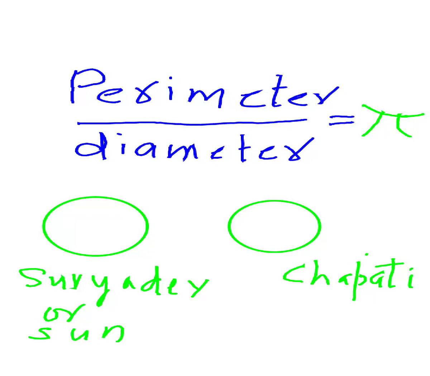What is pi? You know that? Sir, 22 by 7. So generally we take it 22 by 7, or in decimals we take 3.14. What do you think, is pi a rational number or irrational number?